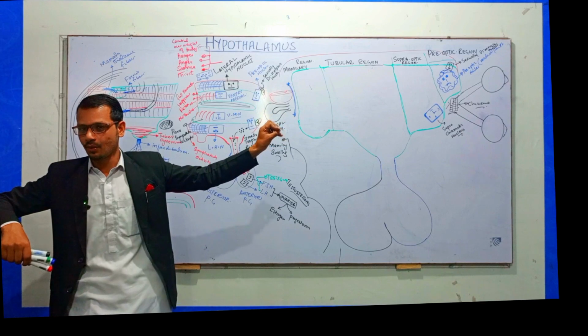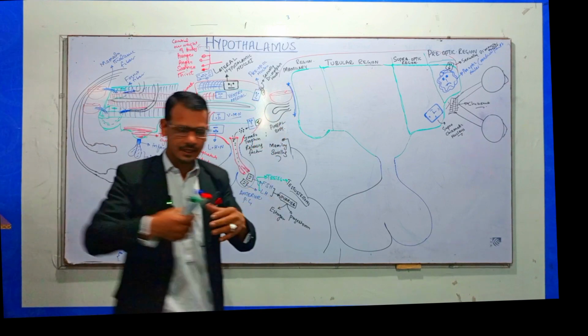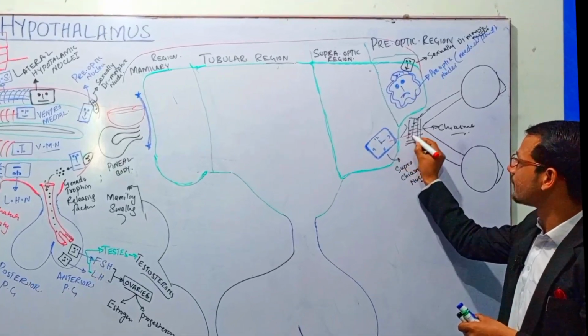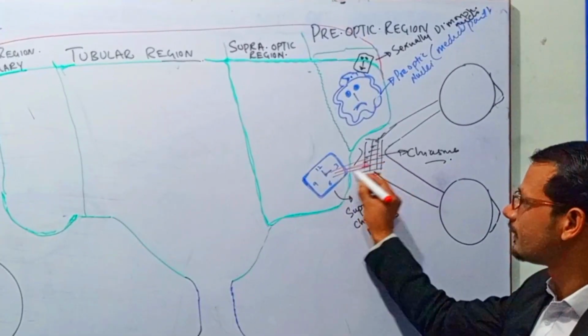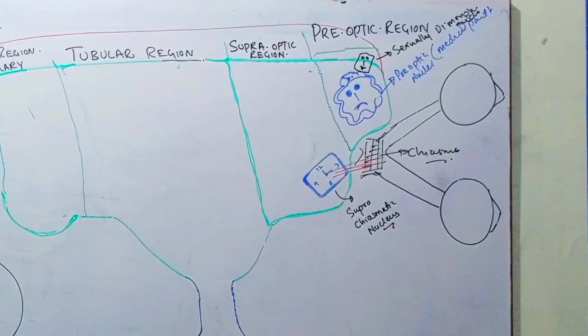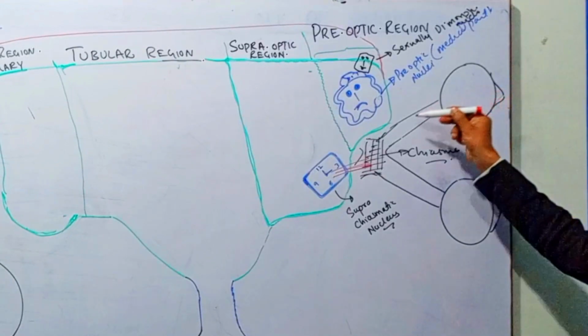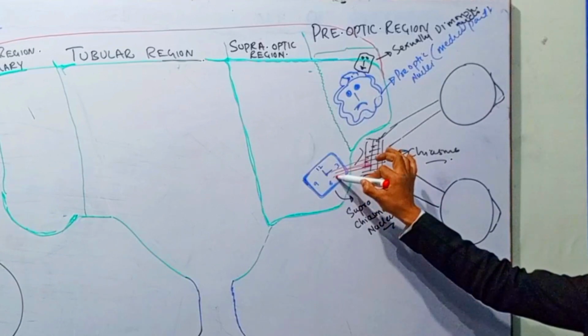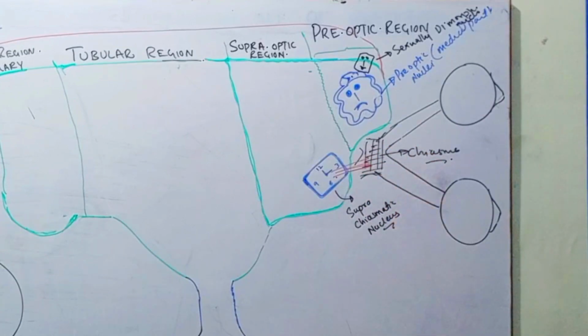Why is it so? Because it gets some fibers from this chiasma, and the light coming from the eyes is detected by this nucleus, right? For example, nowadays how many hours do we have in daytime?